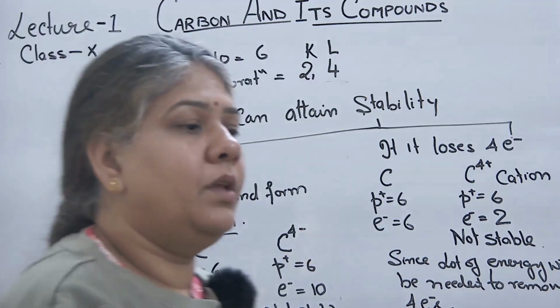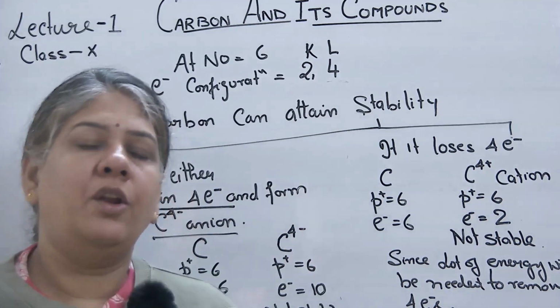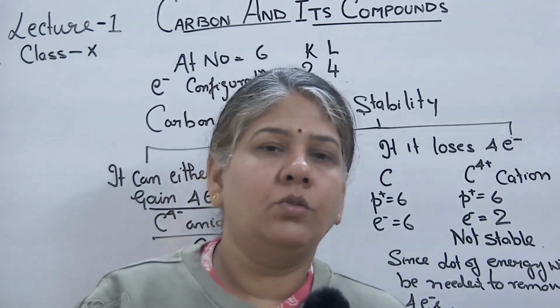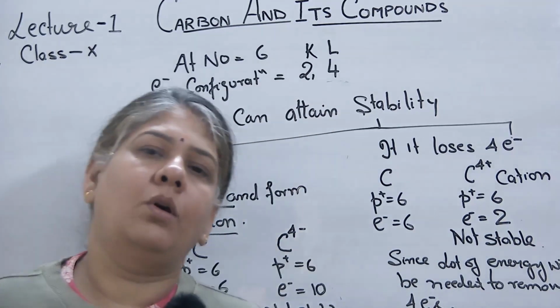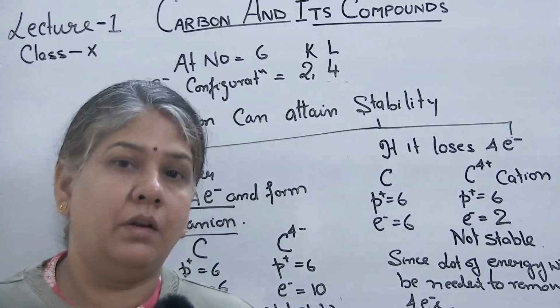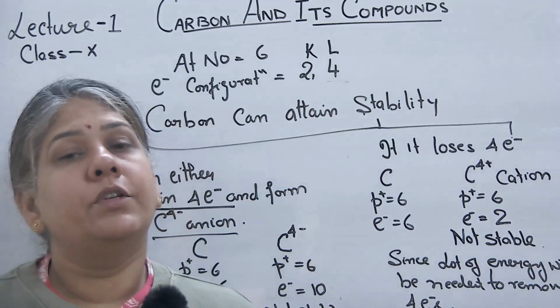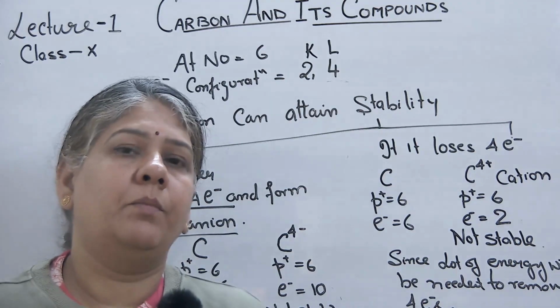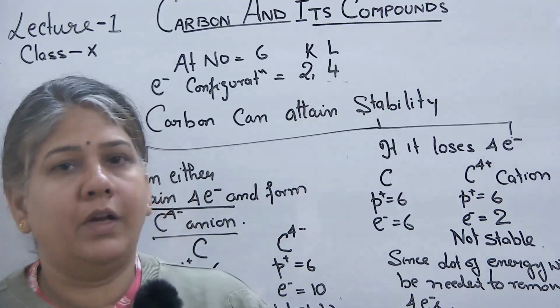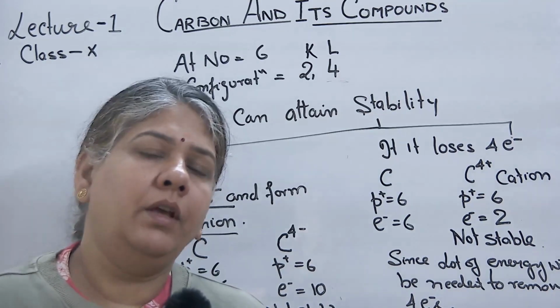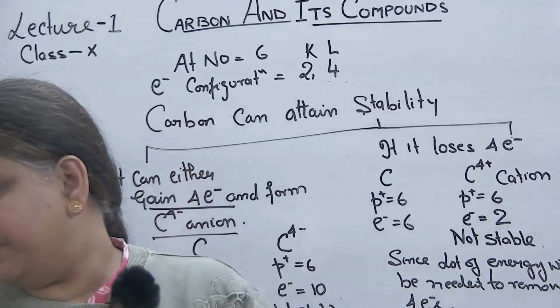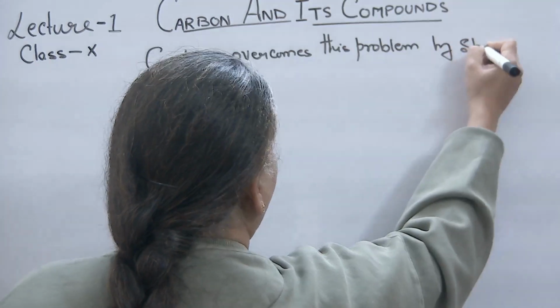Hence, we can say carbon will neither form an anion nor a cation. So it will neither gain electrons nor lose electrons. So what will it do? It will share the electrons. So another possibility is sharing of electrons to attain this noble gas configuration.